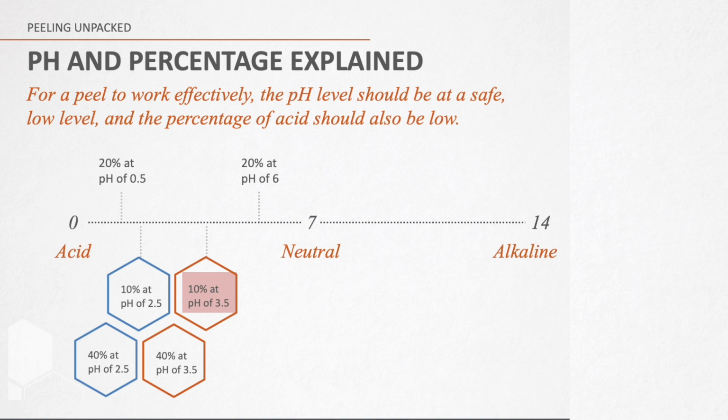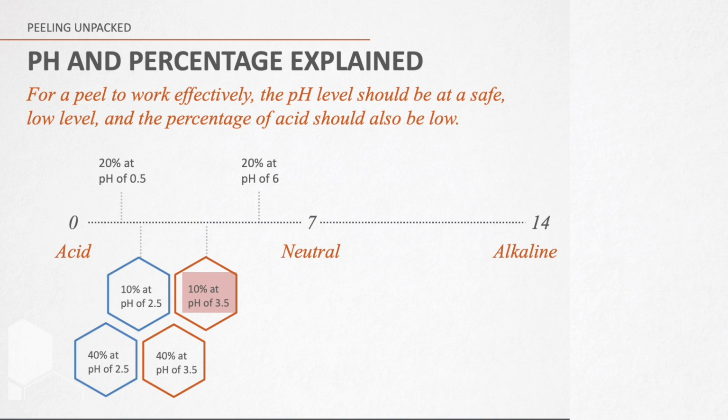So we want to use something that is going to be effective, and Environ always recommends, in order for peeling to be effective, the pH level should be at a safe low level, and the percentage of acid should also be low. Going back to our pH scale, if you look at the top left-hand side, we see 20% at a pH of 0.5.